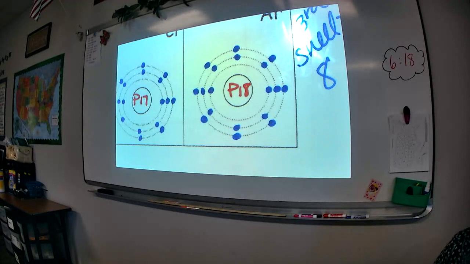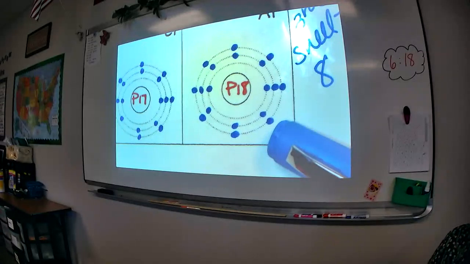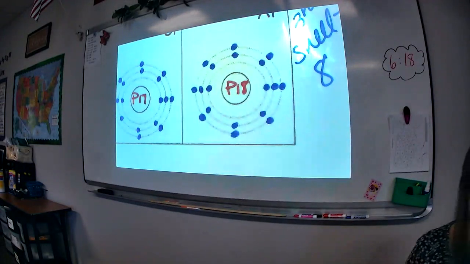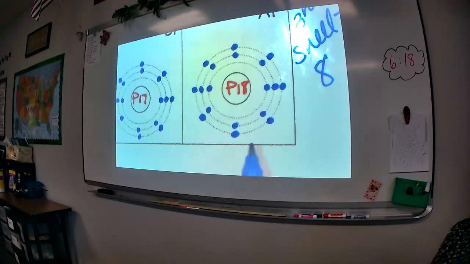After argon, the third shell is full. It can only hold a maximum of 8, and it's got 8 in it. So if I need to keep adding electrons, I have to add a fourth shell.